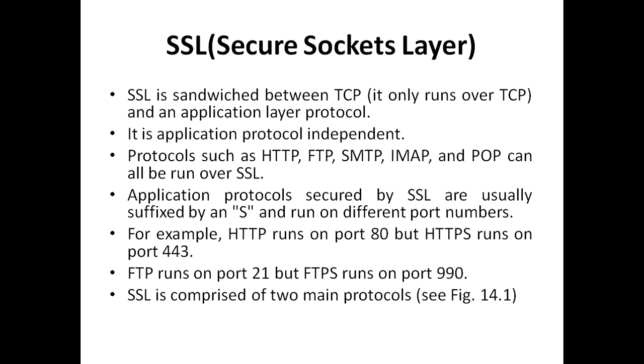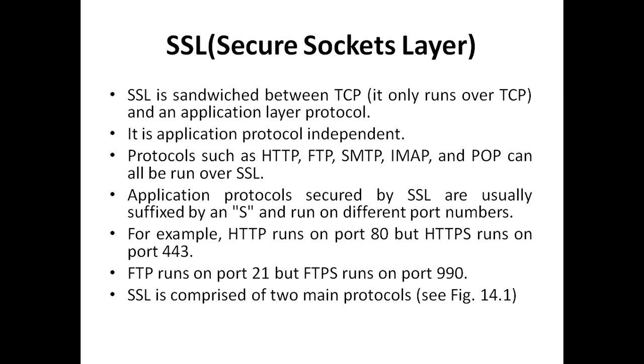All these application layer protocols can be run over SSL. The only difference is that application protocols secured by SSL are usually suffixed by an S and run on different port numbers. For example, HTTP runs on port number 80, but HTTPS runs on port 443. Likewise, file transfer protocol runs on port 21, but FTPS runs on port 990.